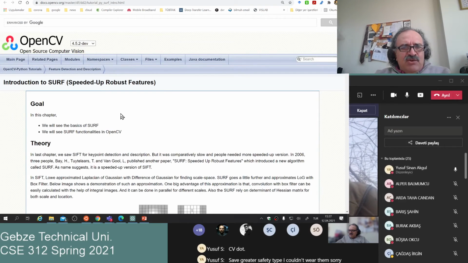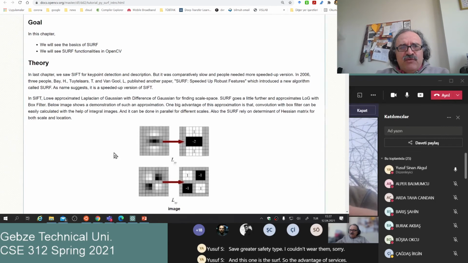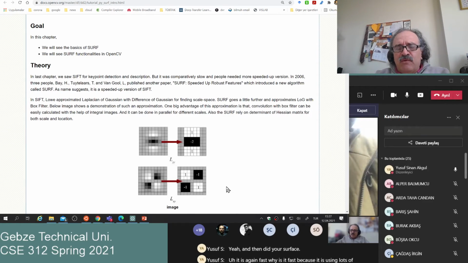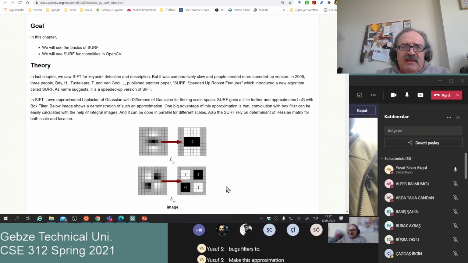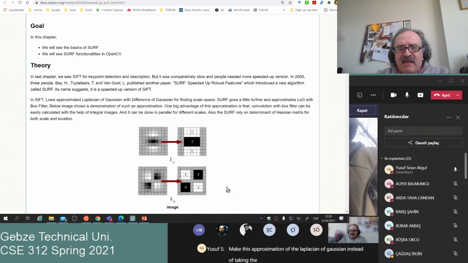And this one is SURF. The advantage of SURF is that it is again fast. Why is it fast? Because it is using lots of box filters to make an approximation of the Laplacian of Gaussian, instead of taking the Gaussians and taking a difference.